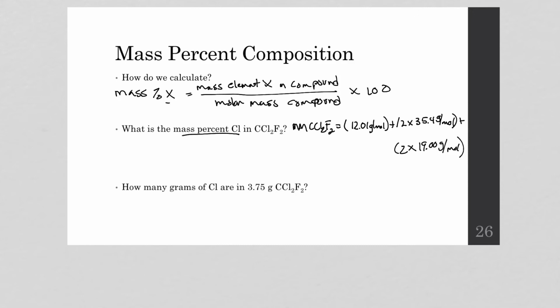And if we add all of this up, we end up with a molar mass of 120.91 grams per mole.